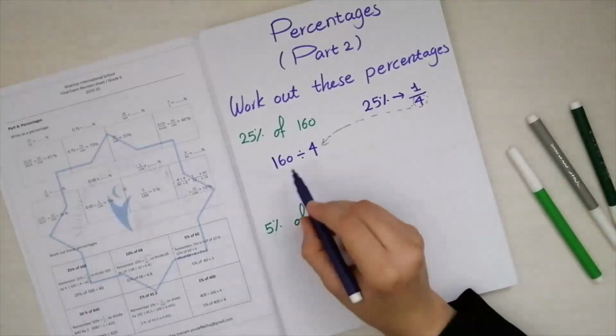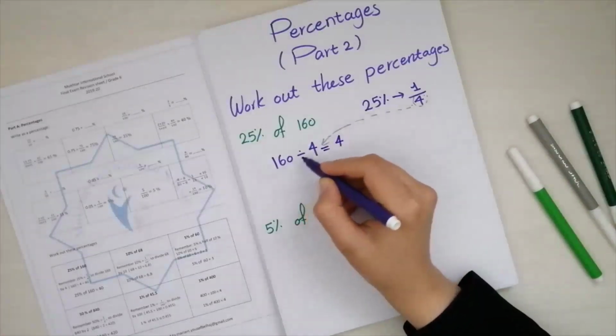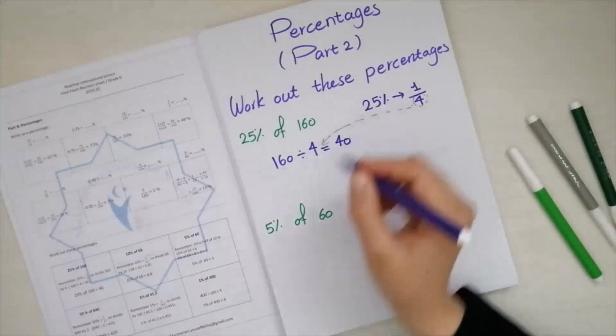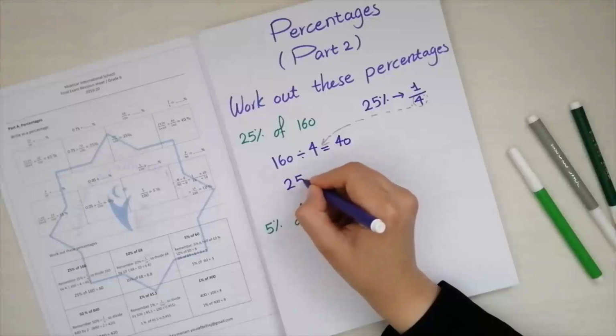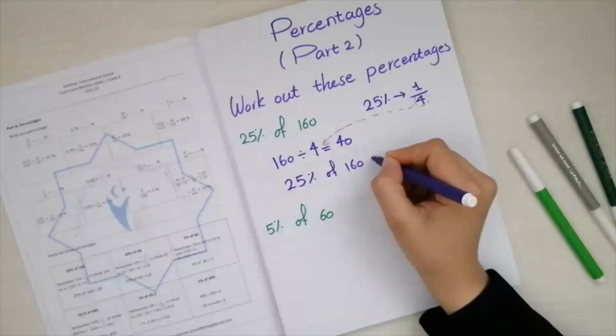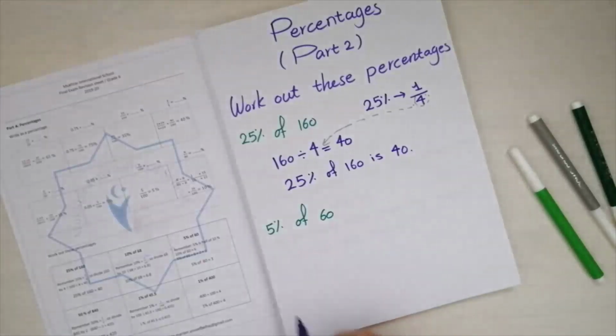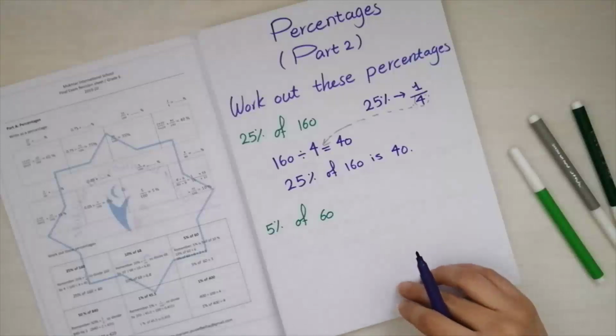If we divide it mentally, 16 divided by 4 is 4, 0 divided by 4 is 0. So 25% of 160 is 40.